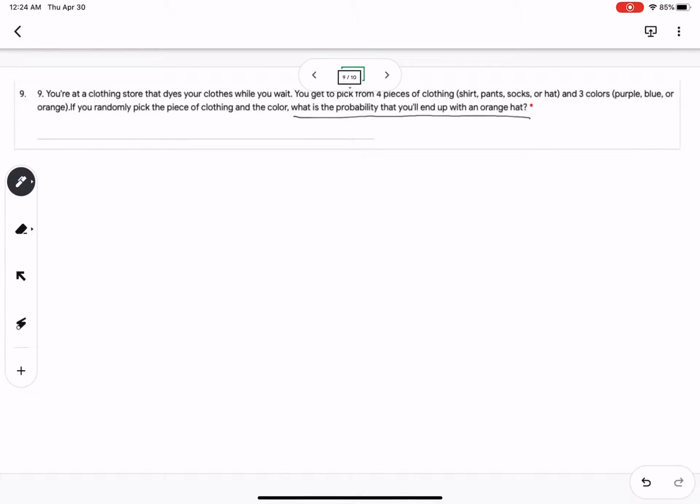Okay, so again, we've got shirt, pants, socks, hat. And it can be purple, blue, or orange.